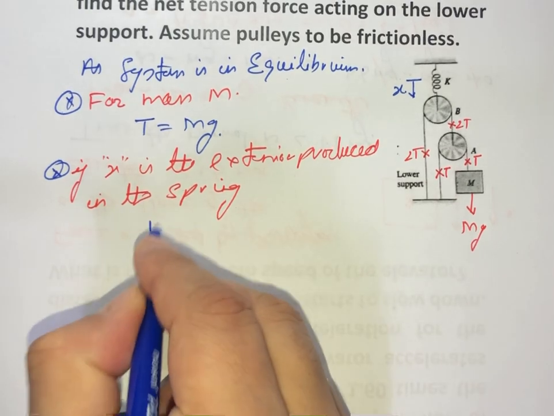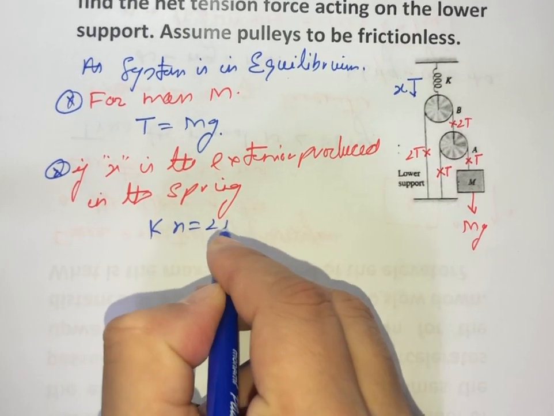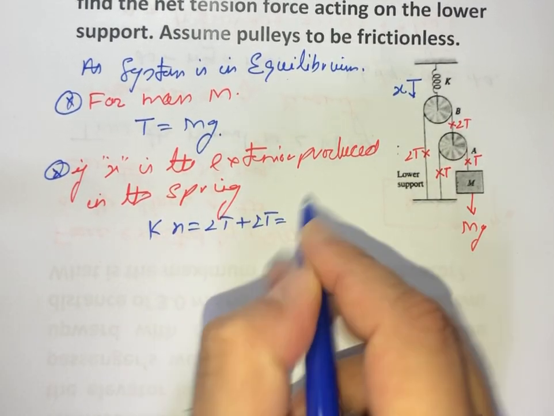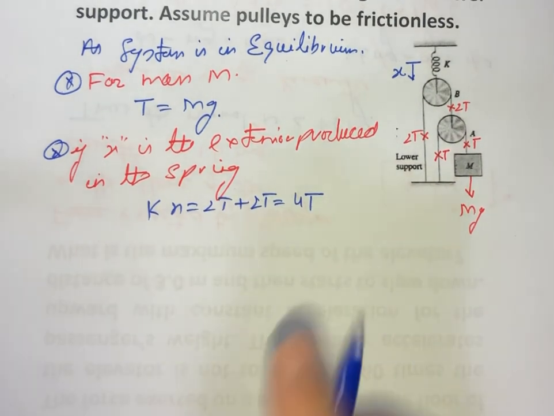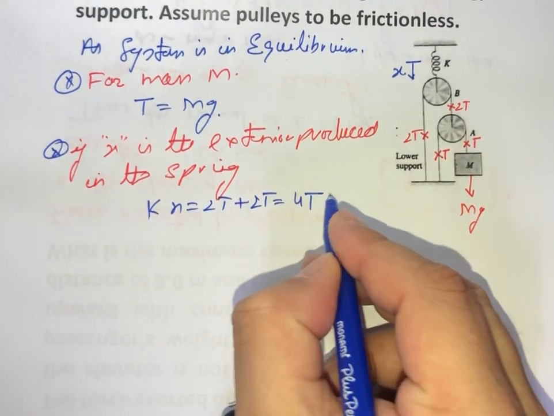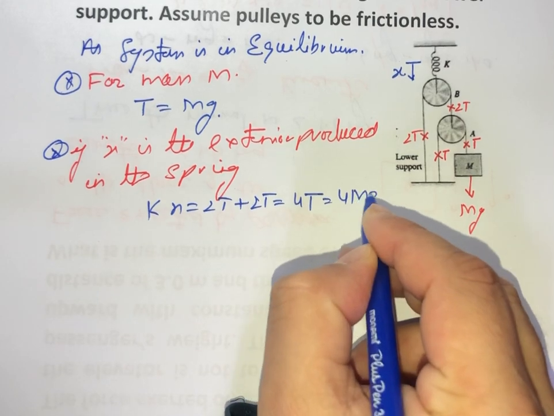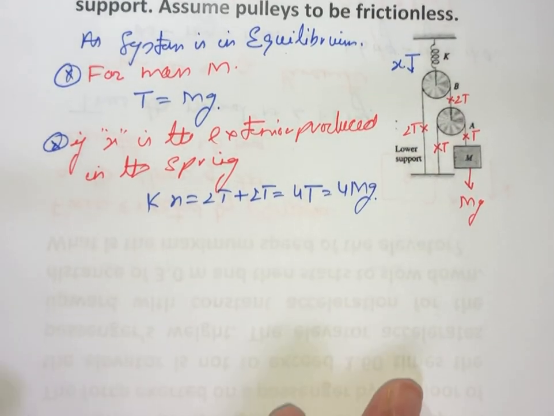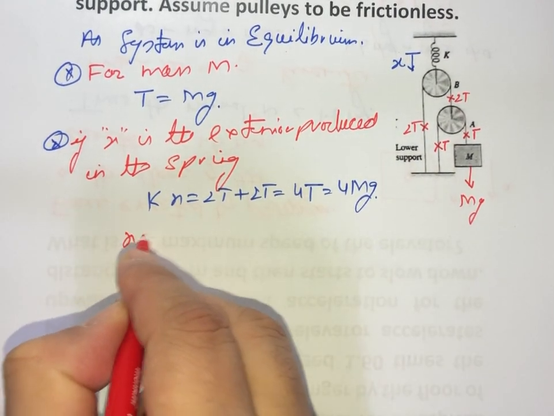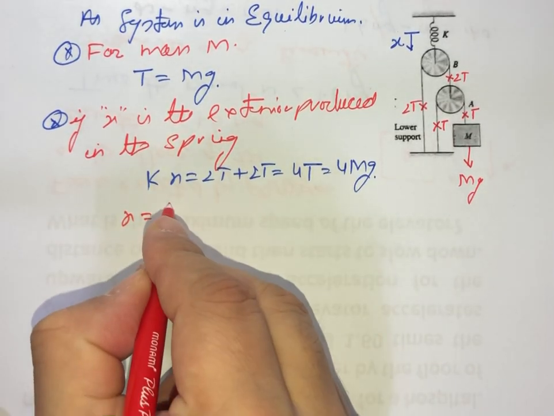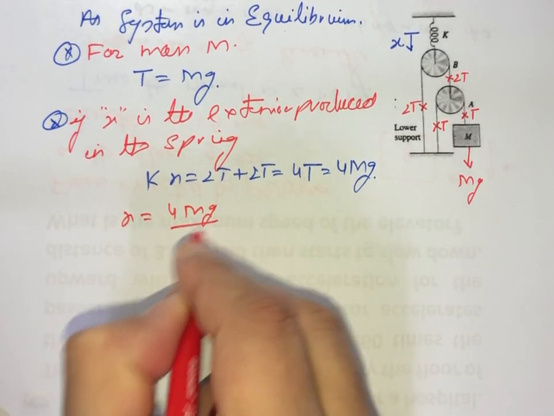So then we can say Kx is equal to 2T plus 2T, which is equal to 4T. We already know the value of T, that is mg, so this will be 4mg. From here we can find out that the extension x will be equal to 4mg divided by k.